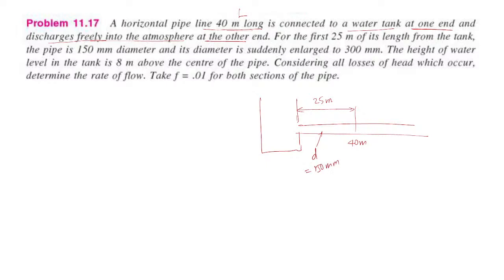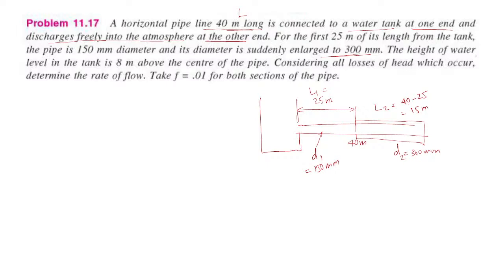Then after this 25 meter it suddenly enlarges, so it is no longer the same, and D changes to 300 mm. So we have D1 and D2, and L1 and L2. Of course, what will be the L2? 40 minus 25, that is 15 meter, is your L2.